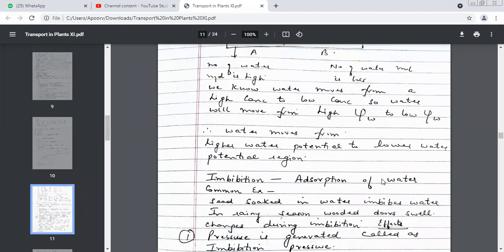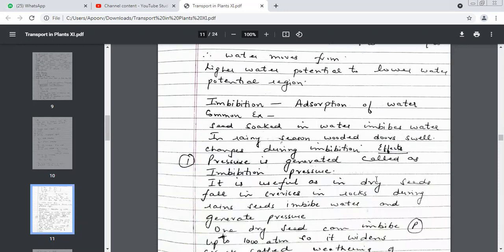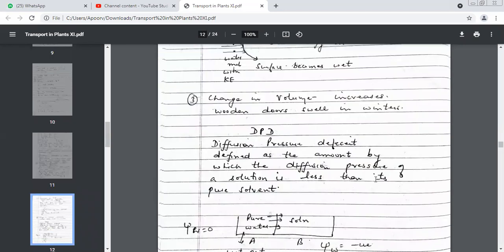Also name the pressure and heat: imbibition pressure, heat of hydration or wetting, and change in volume. Volume increases or decreases, beta? Increases. We had done 2 examples of imbibition in our daily life. We did factors also: imbibition pressure, heat of hydration.